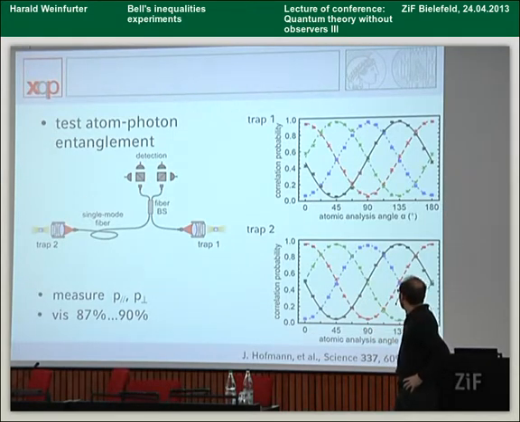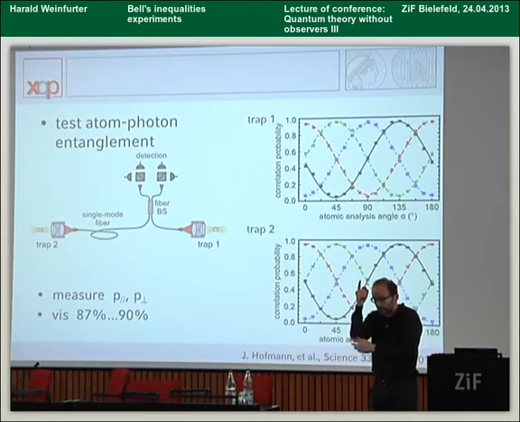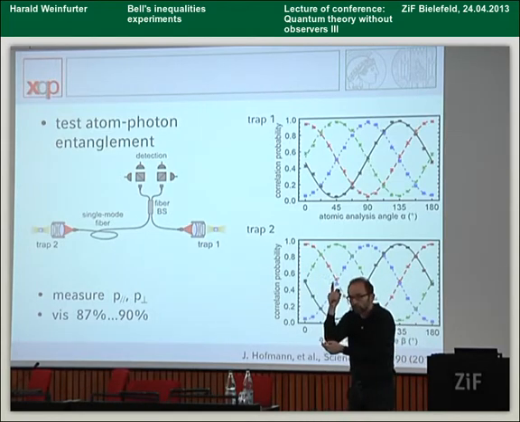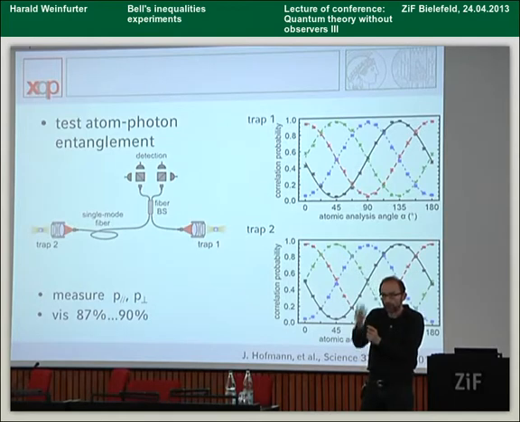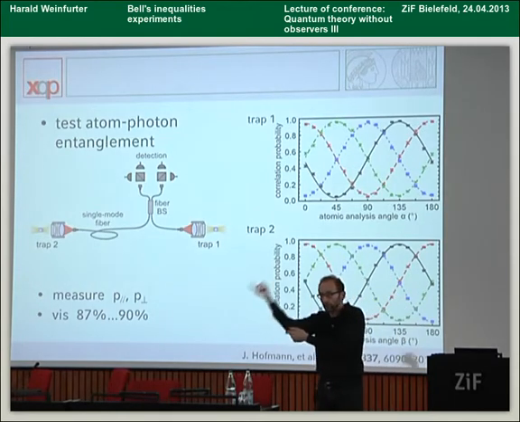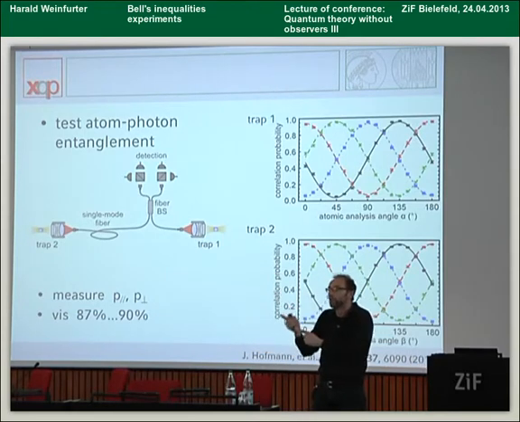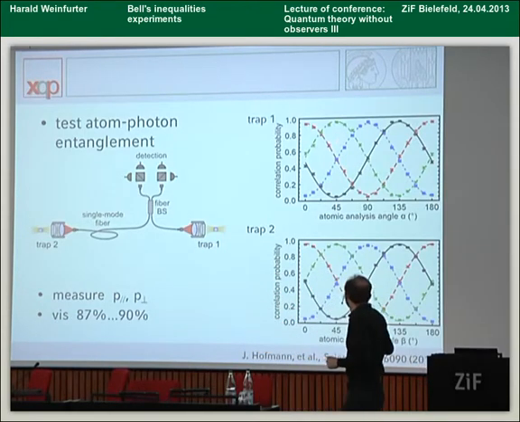Then you get 4 curves if you analyze the atomic state at some relative angle 0: you see perfect correlation or anti-correlation with the H and V polarized photon. If you rotate this analysis angle by 45 degrees, then you see perfect correlation or anti-correlation with a plus minus 45 degree photon detector.